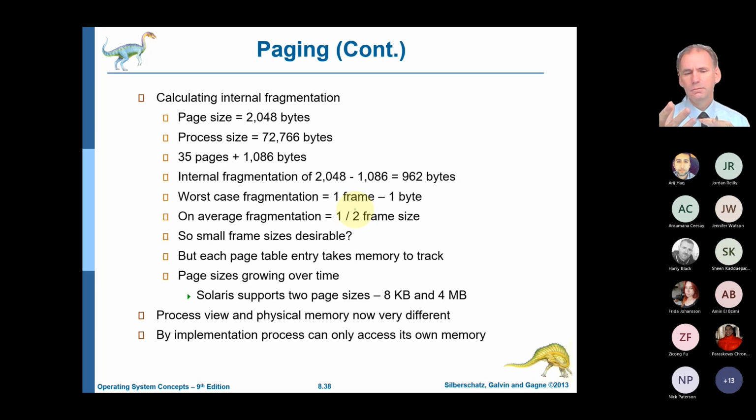But we need to keep track of all these things. We need to have our page table in memory that says which page is in which frame. So the smaller we make our size, the larger that page table has to be, and we waste memory. So it's about finding that balance as usual.